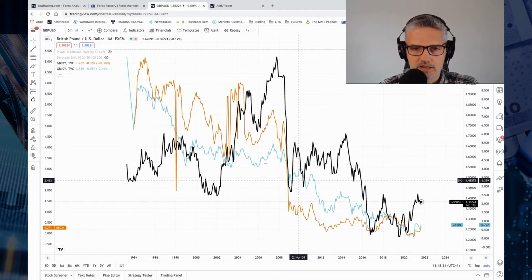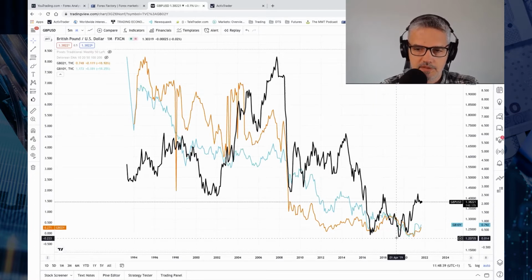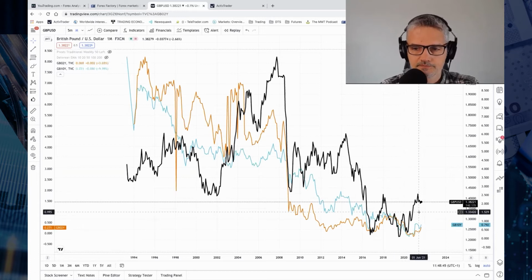As you can see from the top left to the bottom right-hand corner, the direction of travel for the British pound and these yields has been lower. Recently, we obviously had 2016 Brexit, then we had a relief rally, then we had COVID, that was a lower low than the Brexit lows, and then we've been traveling higher. And you can see that we've now got this double top between 2018 and 2021.